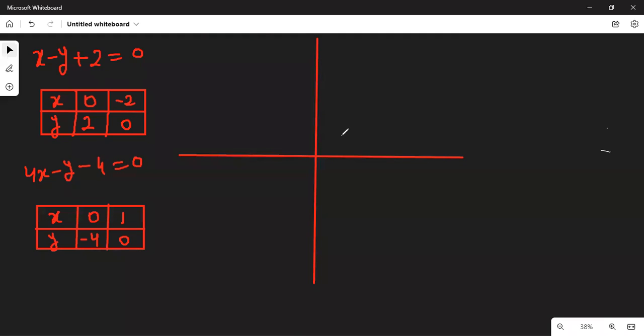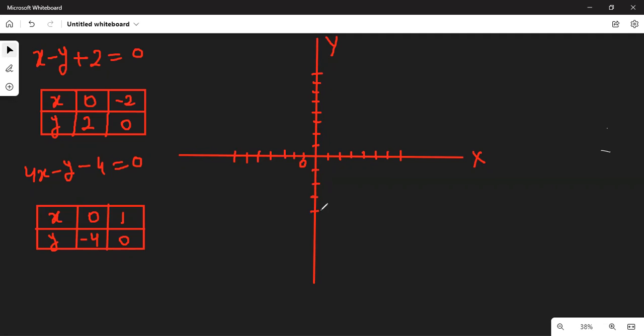It should be drawn on graph paper. If you have graph paper, you must draw it on graph paper. Otherwise, 1, 2, 3, 4, 5, 6, 7. This is the origin. This is the x-axis, y-axis. So the positive y-axis 2, 3, 4, 5, 6, 7. We should mark them on the negative side also, 2, 3, 4, 5, 6, 7.